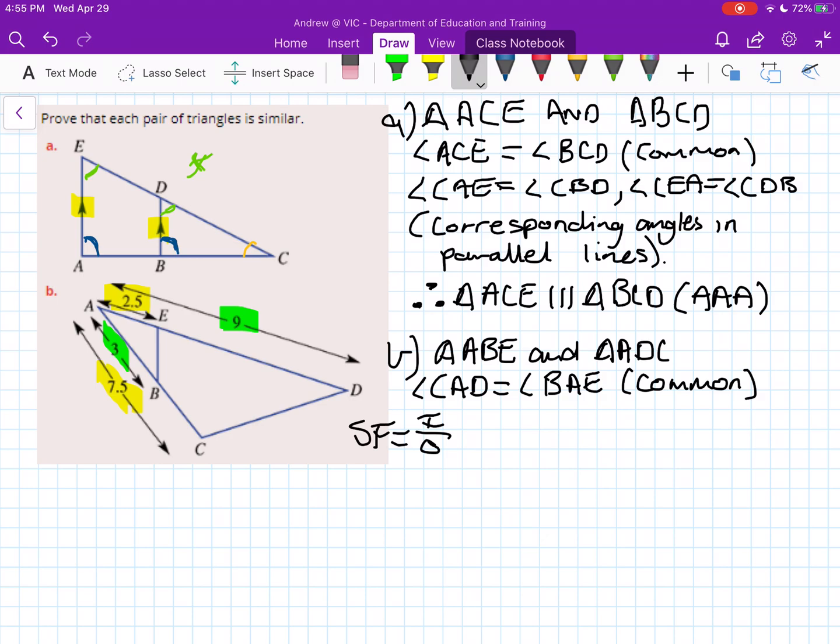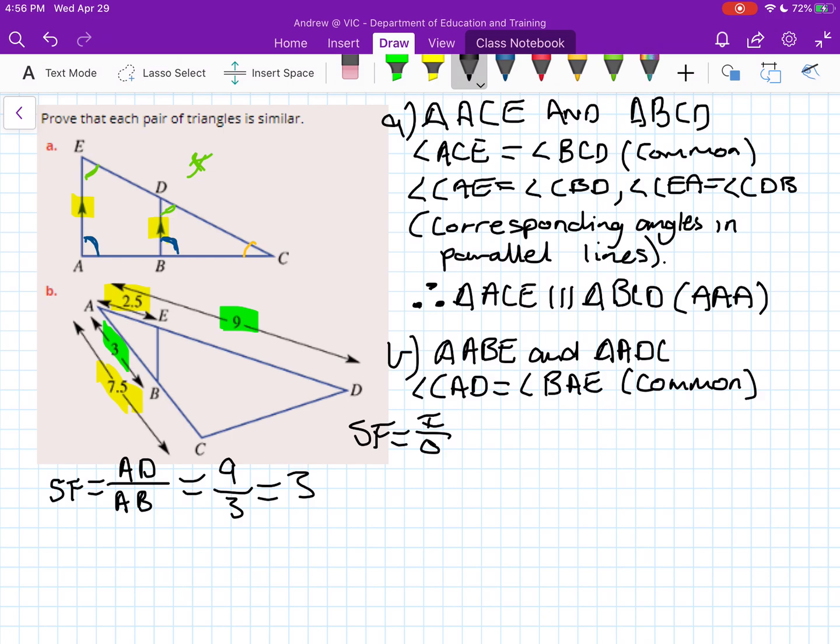So with our first one, if we're looking at AD, the scale factor here is going to equal AD, and the corresponding side from A to D is A and B. So this is in the green there that I've highlighted. Or BA, it doesn't matter which way you write it. So this here is going to be 9 over 3. 9 divided by 3 is 3.